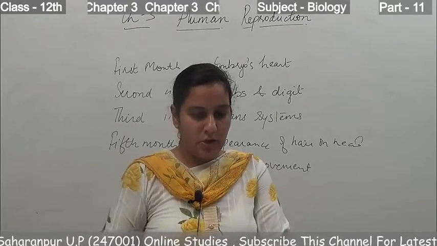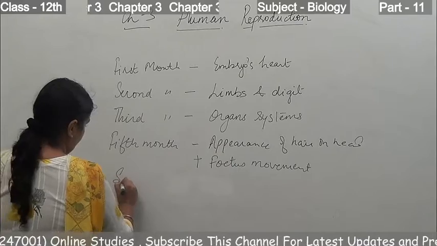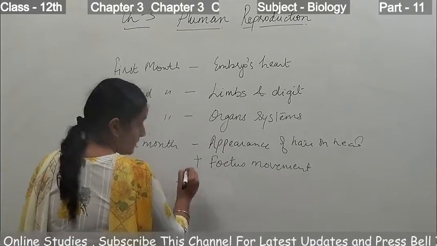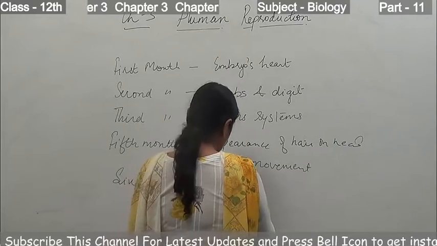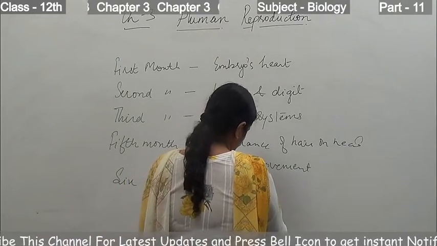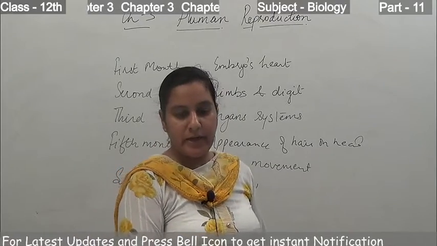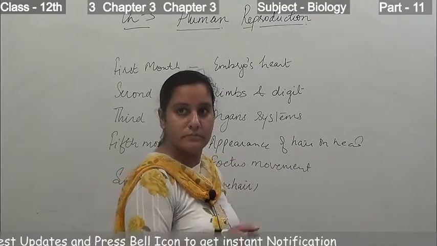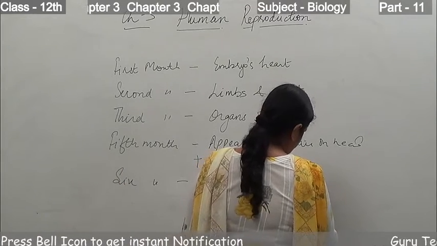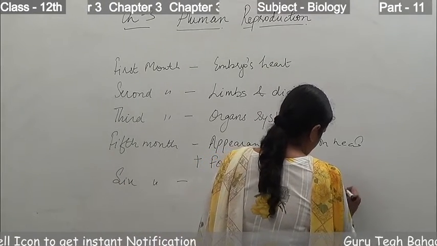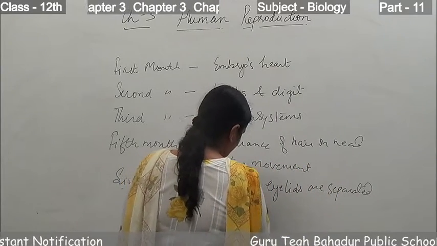By the end of the 6th month, the body is covered with fine hair, eyelids are separated and eyelashes are formed.